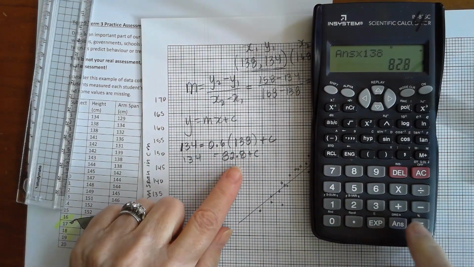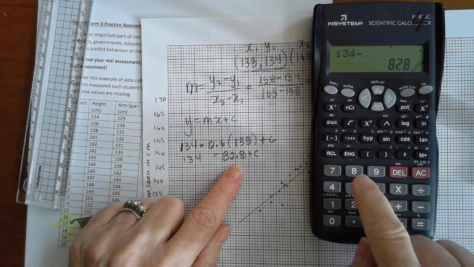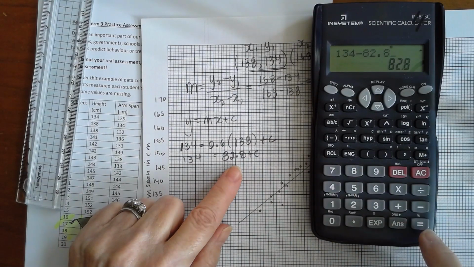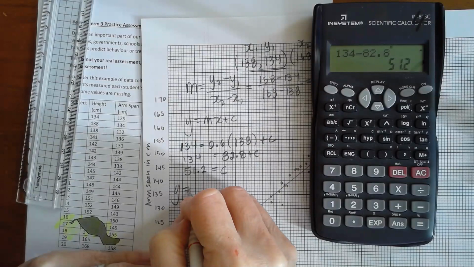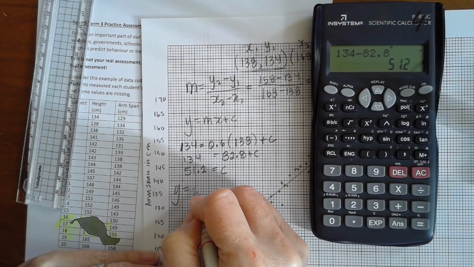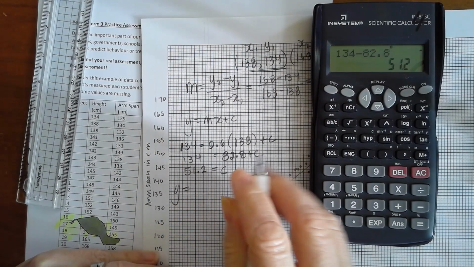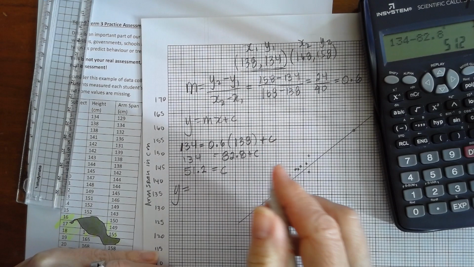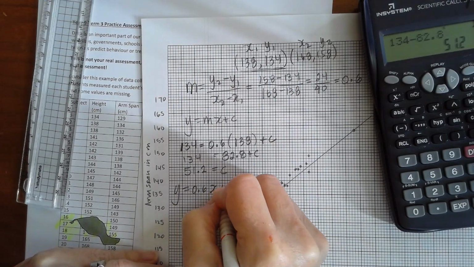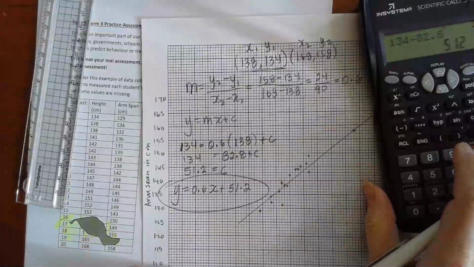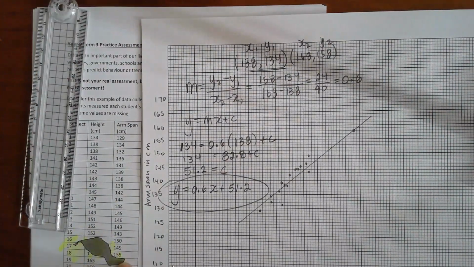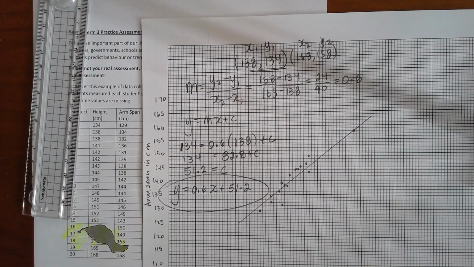Then I'll subtract 134 minus 82.8, and I get c equals 51.2. So y equals 0.6x plus 51.2. I'll use that to try to figure out these missing values, and your teacher can probably help you with that.